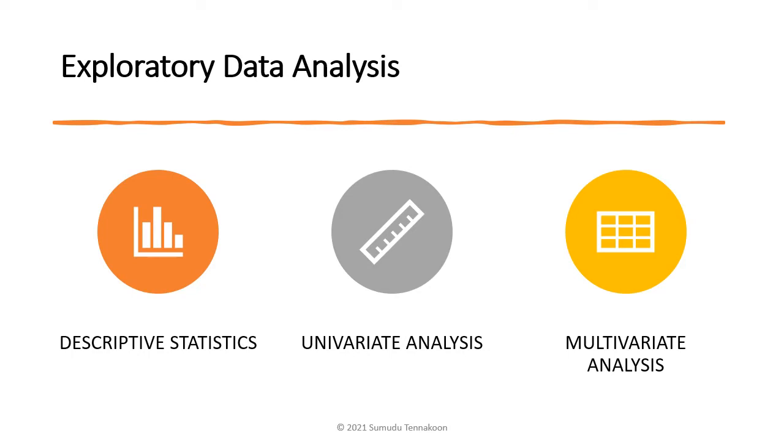In univariate analysis, we will be using a lot of descriptive statistics to know that variable better. As the name suggests, univariate means you are analyzing a single variable at a time. We use descriptive statistics and other techniques to know better about that data field. In multivariate analysis, we use techniques to study two or more variables together to know how they are behaving.